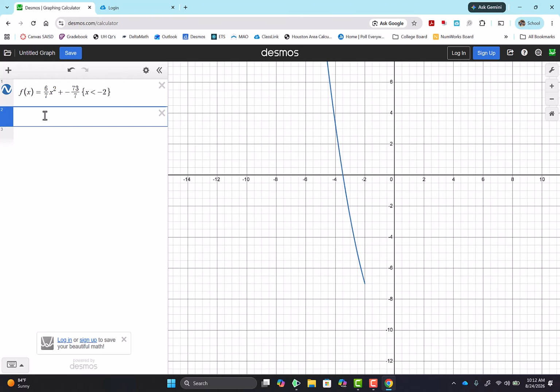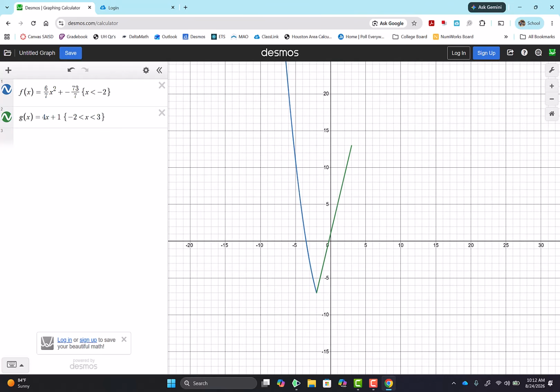Now I'm going to put g of x and give me the middle term. 4x plus 1, and I'm going to put a curly bracket for negative 2 less than x less than 3. And look at that. Do they have the same y value? Yes, they have the same y value. And now look, this one's going to stop at 3.